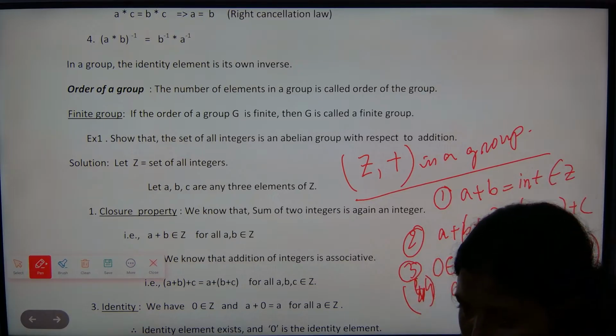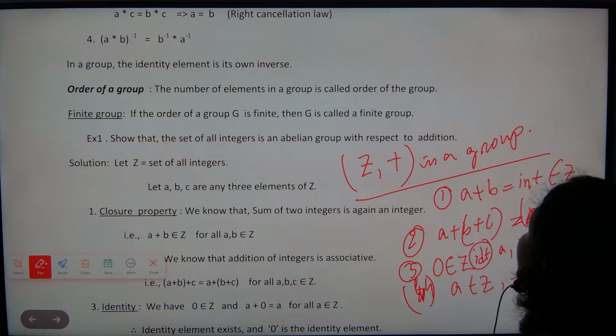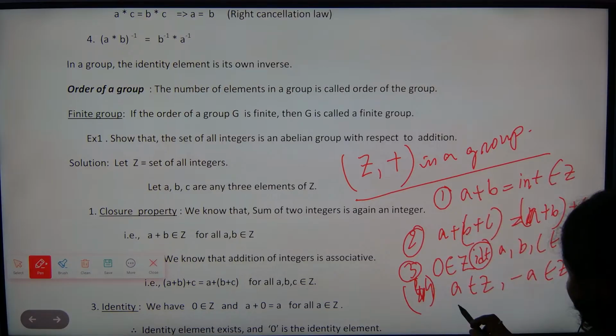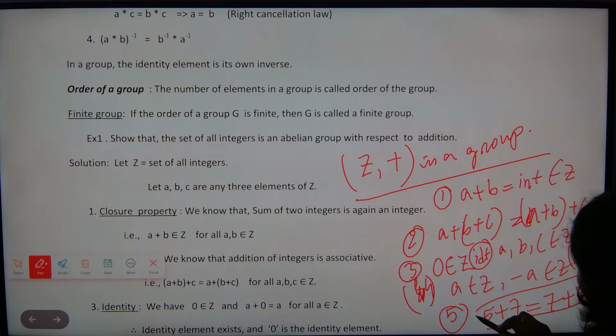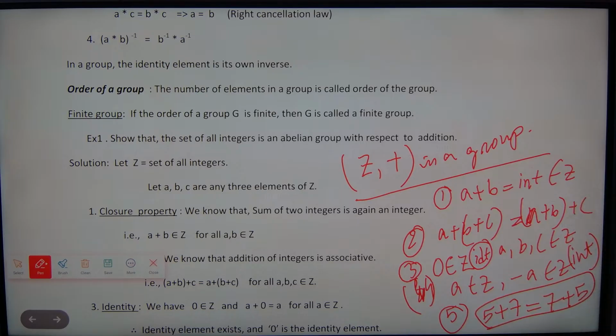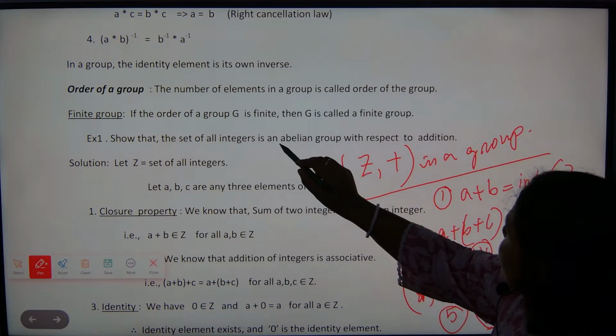এবিলিয়ান গ্রুপ আর গ্রুপের মধ্যে ডিফারেন্সটা হলো, এখানে চারটা আছে তো, ফিফথ। 5 plus 7 is always equal to 7 plus 5, yes or no, for all integers we have this one, that's why abelian. Okay, this is the fifth rule for abelian group.